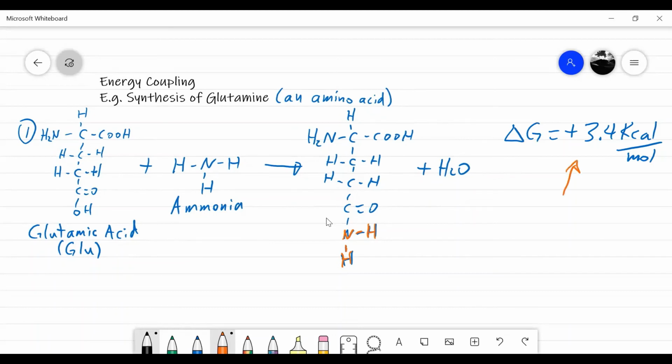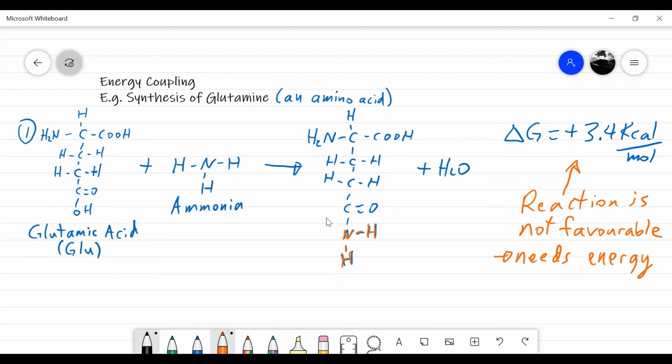So this has a plus value, and that means that the reaction is not favorable. And so that means it needs energy to proceed.